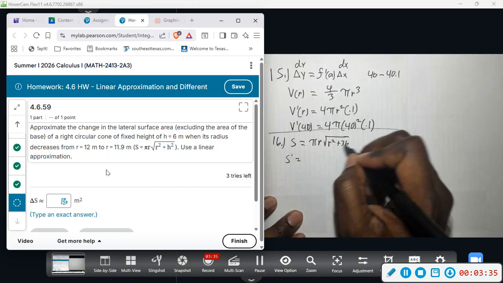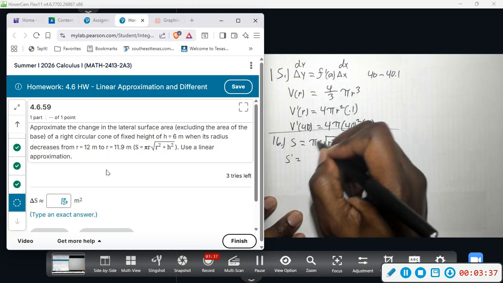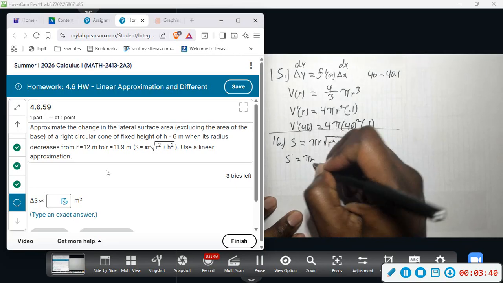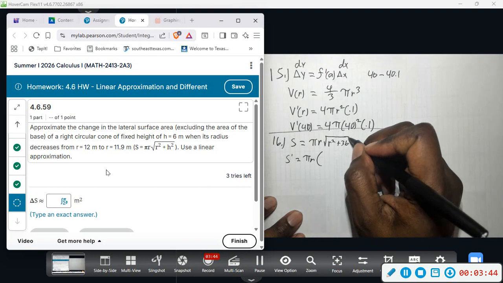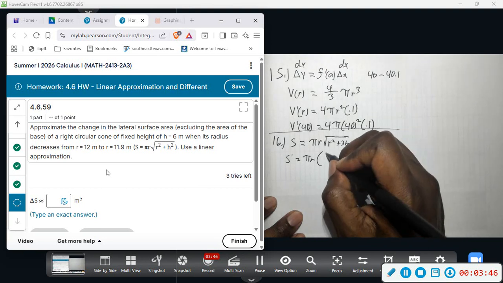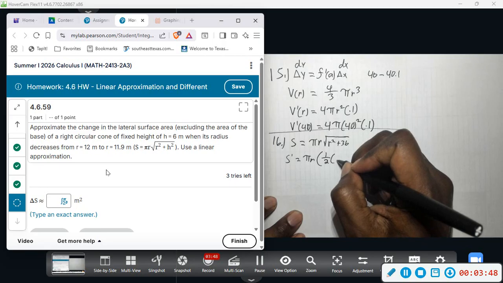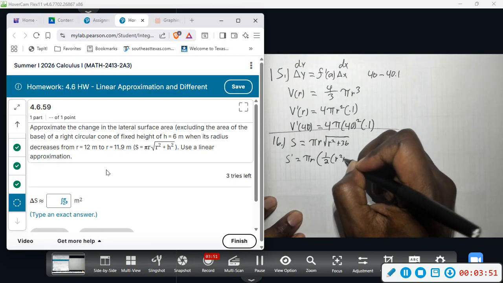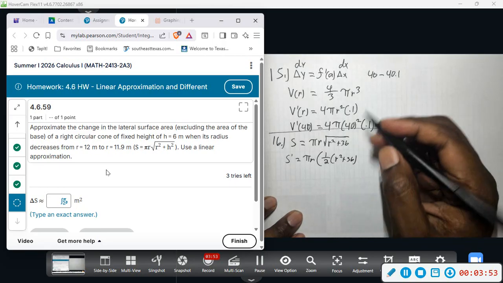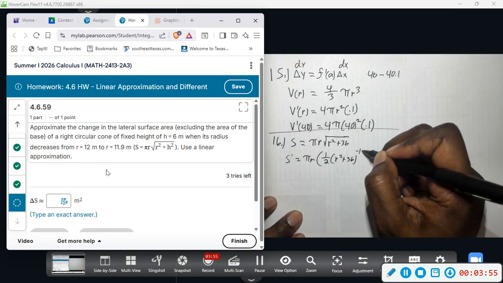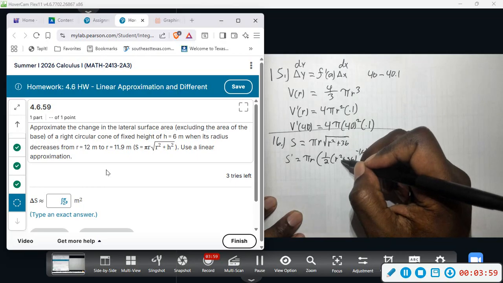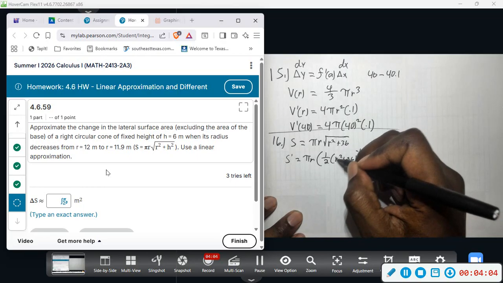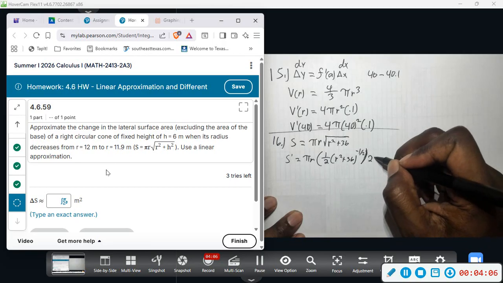Product rule, first times the derivative of the second plus the second times the derivative of the first. So first term with r, times the derivative of the second. Using the power rule, this is 1/2 times r squared plus 36 raised to the negative 1/2. This is the power rule, then the chain rule, because you have to do the derivative of the outside times the derivative of the inside, so it's going to be times another 2r.